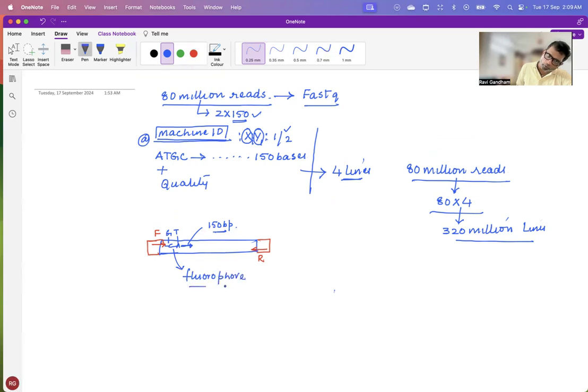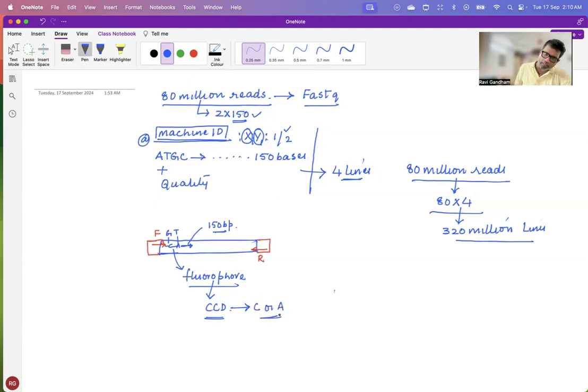Now, this fluorophore is read by the CCD camera, which is there. And depending on the color, it will recognize whether C is added or A is added, right?